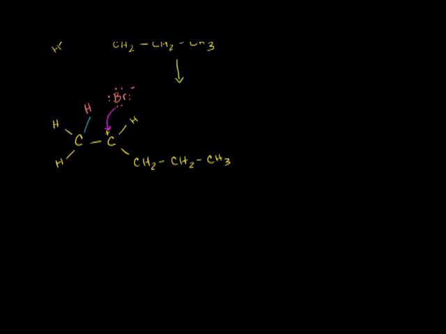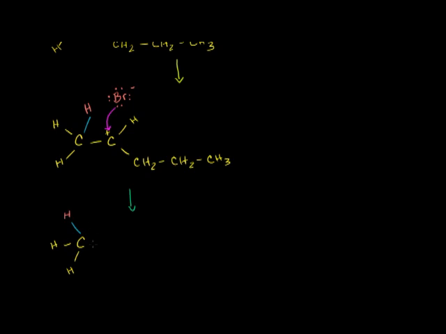So let me draw this. So bromine gives an electron, forms a bond essentially with this carbon, and then our molecule will look like this. You have a carbon, hydrogen, hydrogen. You still have that hydrogen now in orange. I want to make sure we remember where things came from.